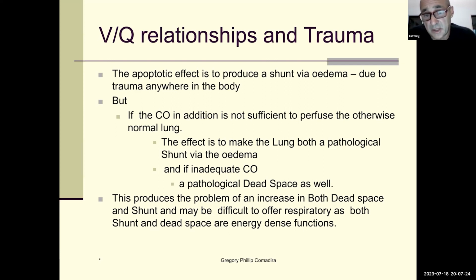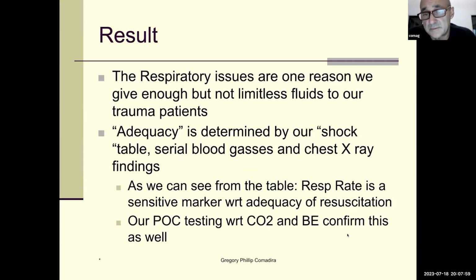We add to that an inadequate cardiac output, then we add to this a pathological dead space, and that becomes a nightmare scenario, because we are at the same time increasing a respiratory rate, which is inefficient to oxygen delivery to the bottom end, and at the same time, am not delivering enough blood to the very area that it could help, which would be your dead space area. So we need adequate resuscitation, and that is what we do in trauma. Next slide.